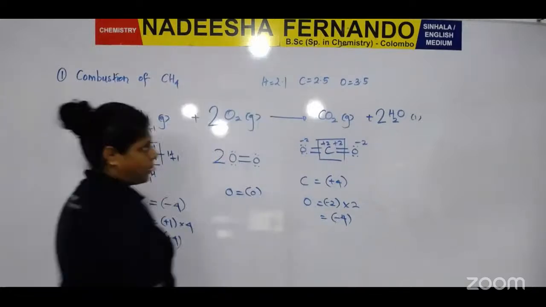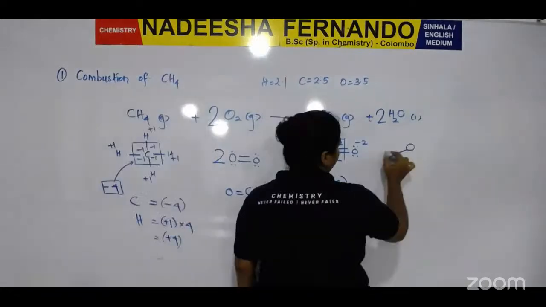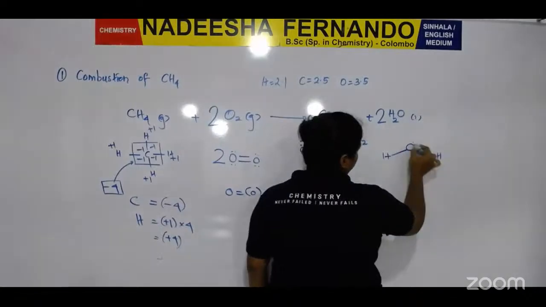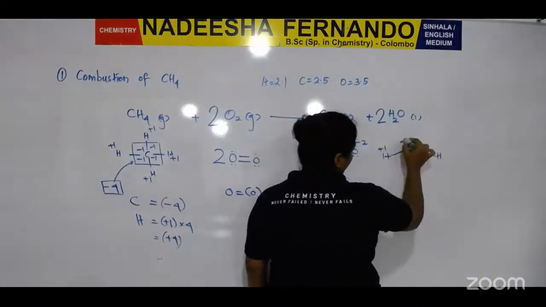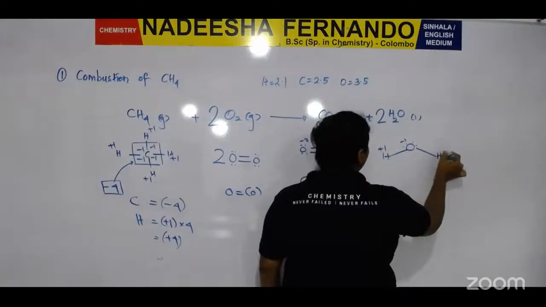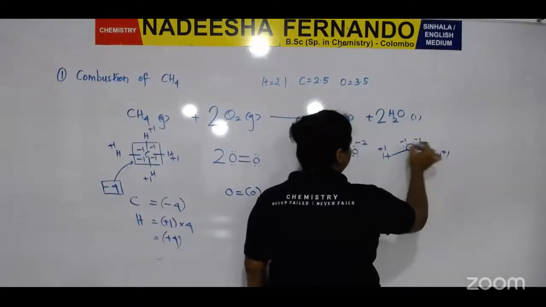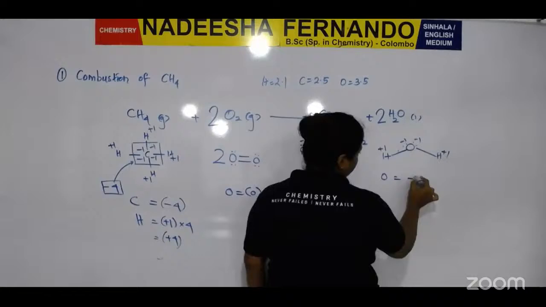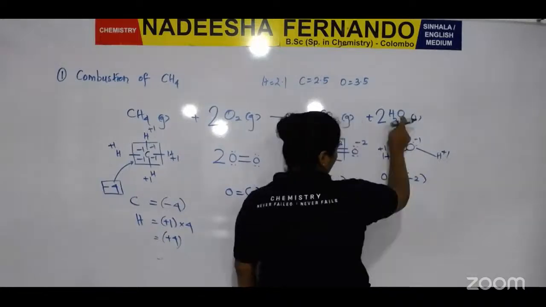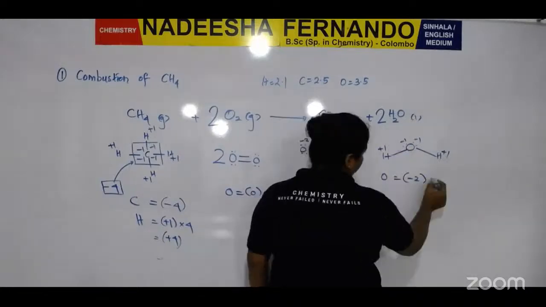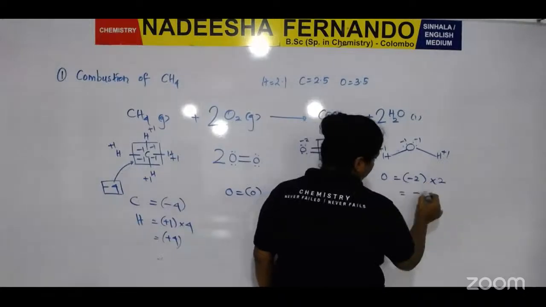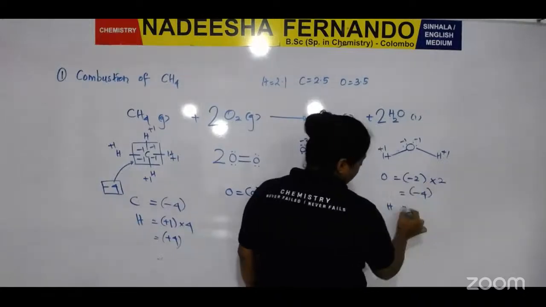When you take water, here hydrogen takes +1, oxygen takes -1, hydrogen takes +1, here -1. Now you can see oxygen takes -2. There are 2 water molecules, therefore -2 into 2, -4. 1 hydrogen takes +1.